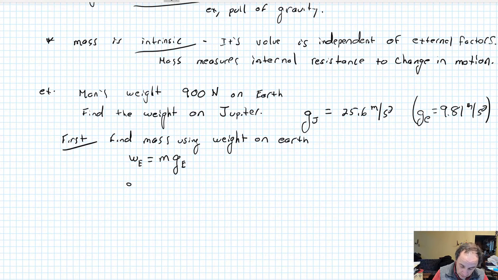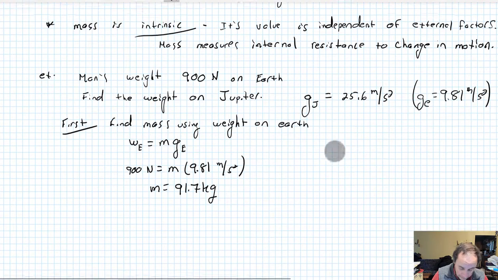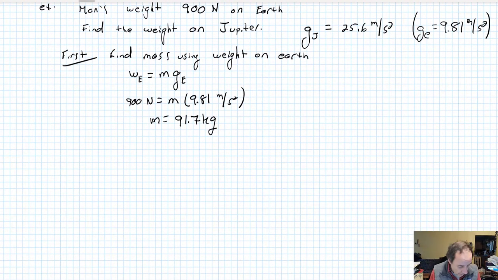So 900 newtons equals the mass times 9.81 meters per second squared. So we end up with a mass of 91.7 kilograms. Okay, so we got the mass on Earth.